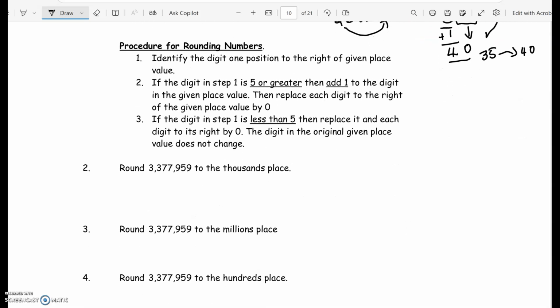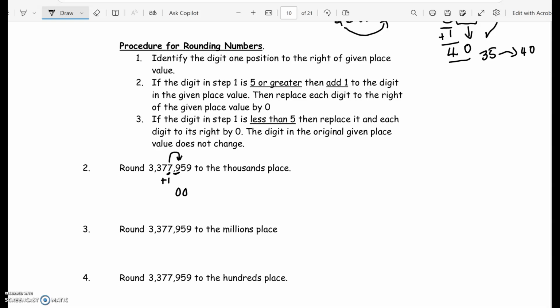Now, suppose we want to round to the thousands place. Identify the thousands place first. That's your hundreds, and this is your thousands place. Look one place value to the right. So the first 7 from the right is in the thousands place. One place value to the right is a 9. 9 tells us to round up, which means we're going to add a 1 to 7.